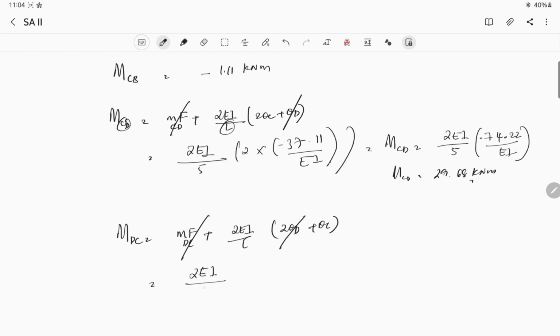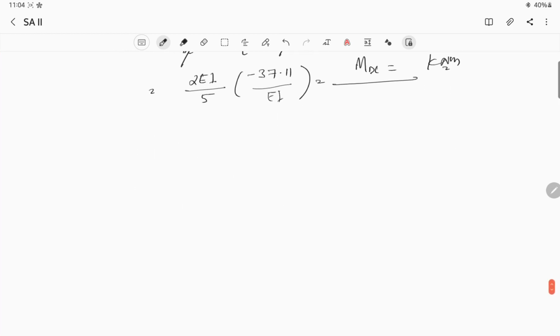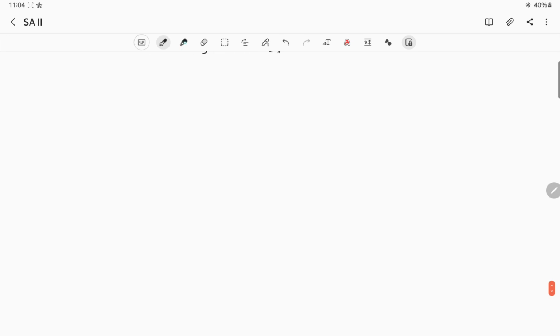So 2EI by 5 into minus 37.11 by EI. If you solve this one, you will get the value of MDC in kilonewton meter. Okay. Now the last is the bending moment diagram.